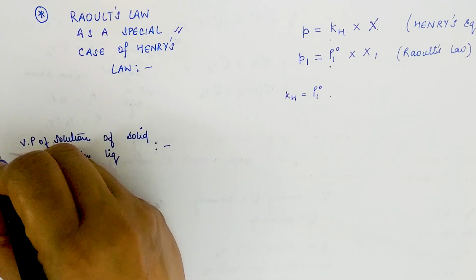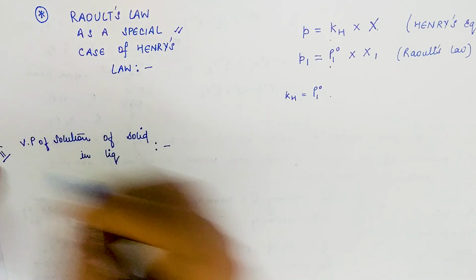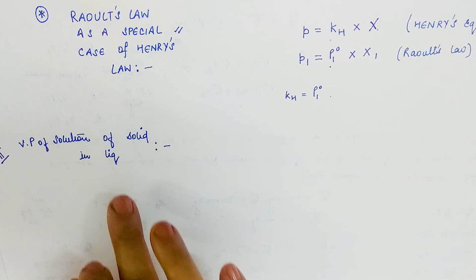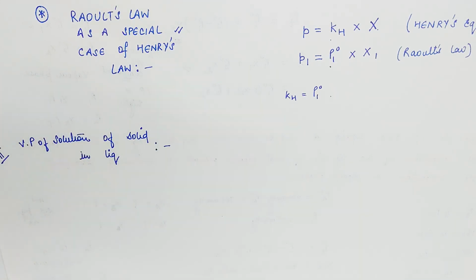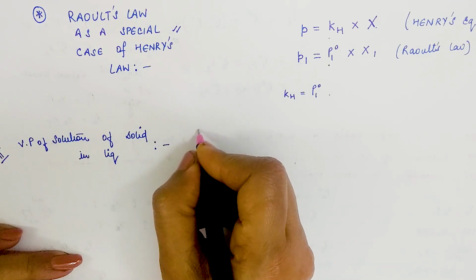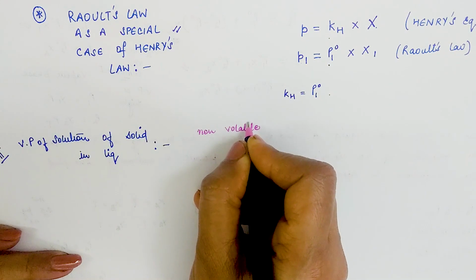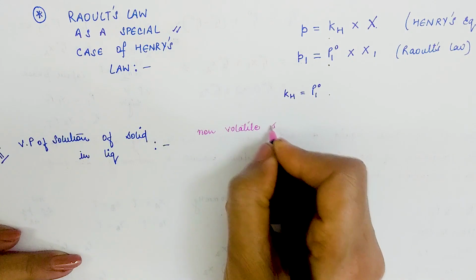Now this is the second case of vapor pressure, when a solid is dissolved in a given liquid. Children, here you see when a solid, and what is this solid, it is a non-volatile solid.